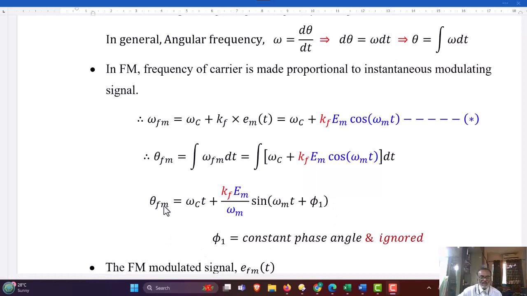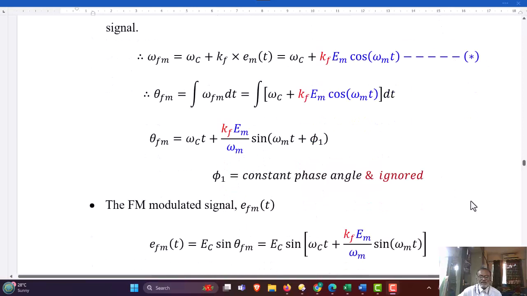So theta FM comes out to be omega c into t plus kf into Em sine of omega m t plus phi 1, divided by omega m.